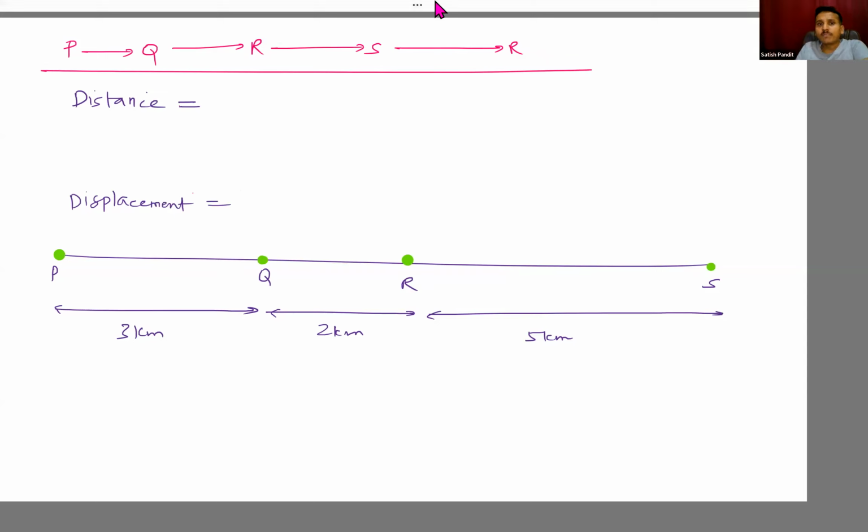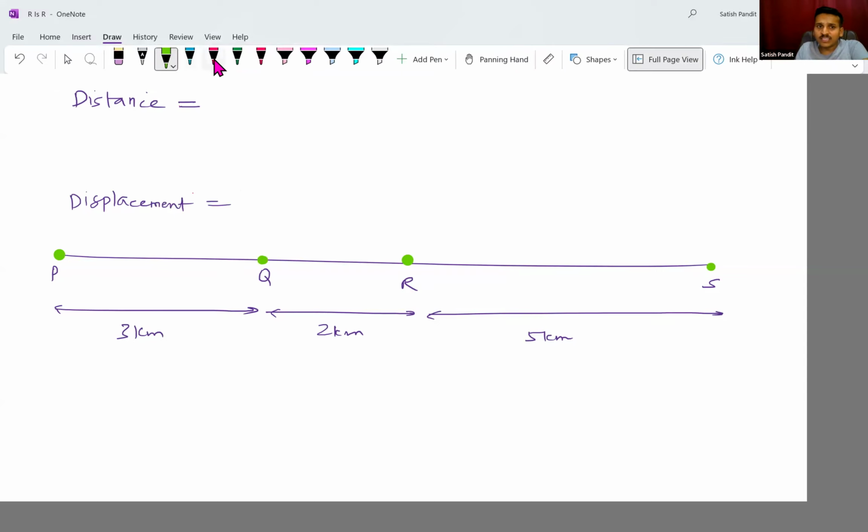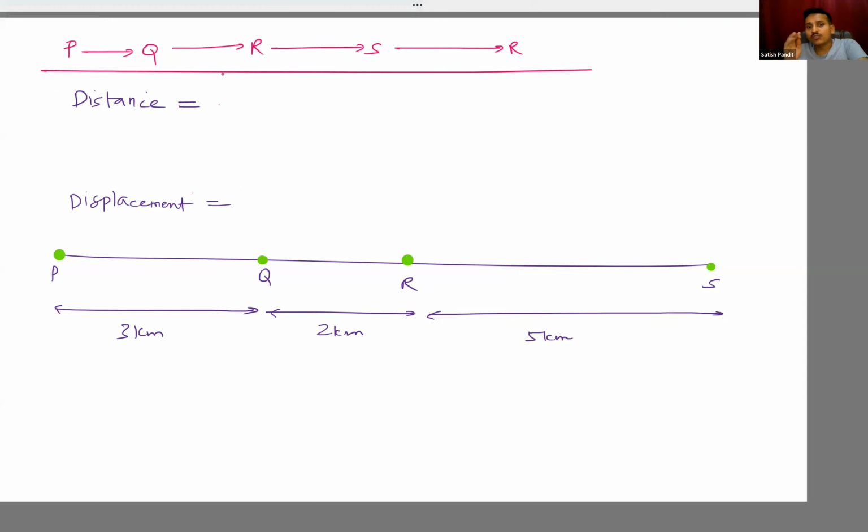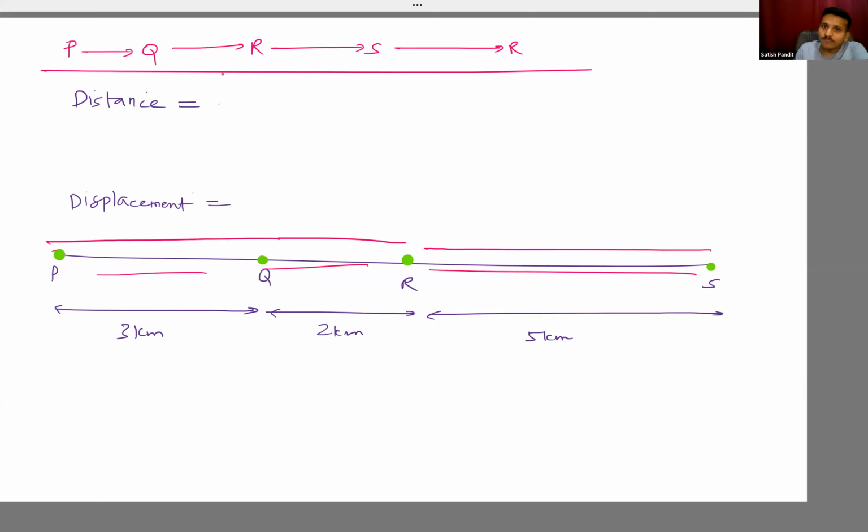So now my motion is something like this. I'm going from P to Q, Q to R, R to S. Then I'm coming back, S to R, and then again coming from R to Q, and again coming back to P. That means I'm coming back to the same point.